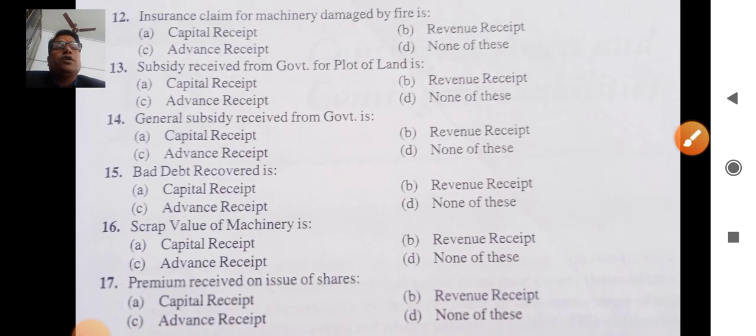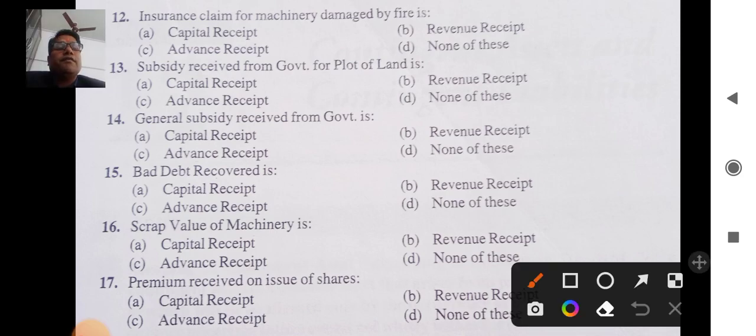And question number 12 is very important: insurance claim for machinery damaged by fire. Dear student, machinery is one of the capital assets and you got a claim over the machinery damaged by fire. This amount of claim will be considered as capital receipts.